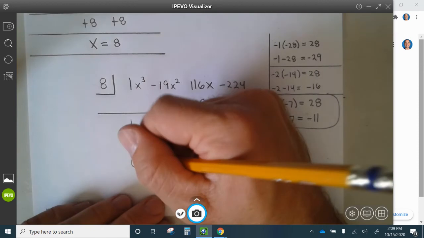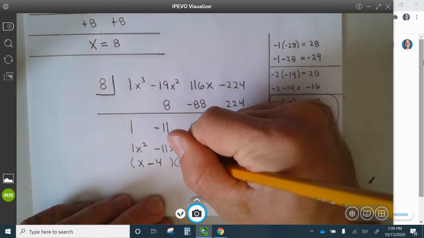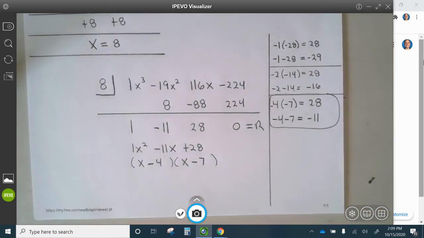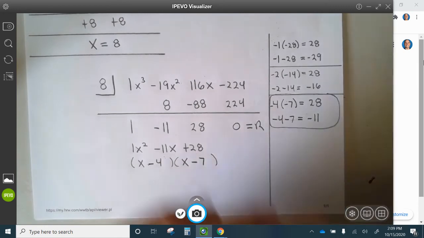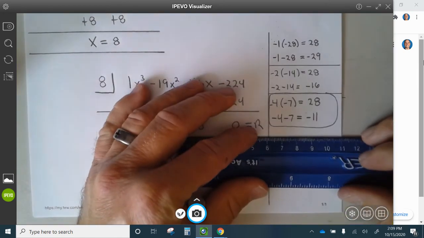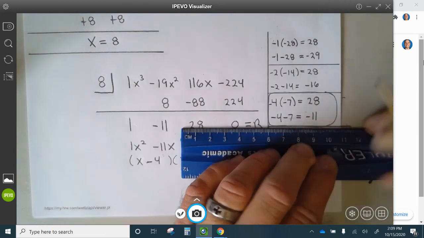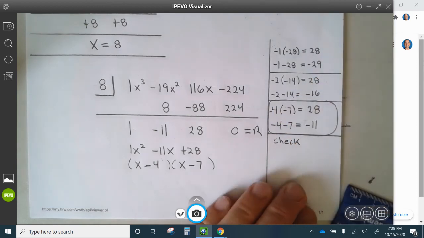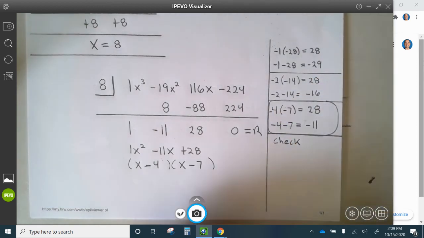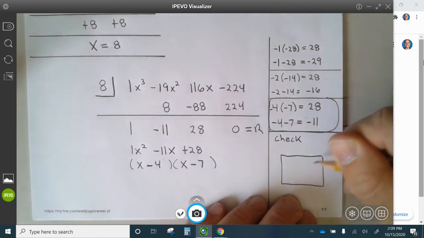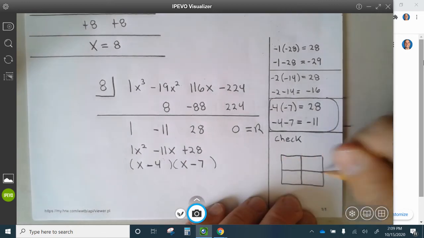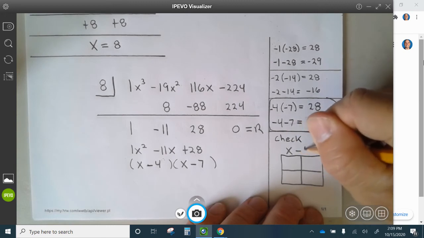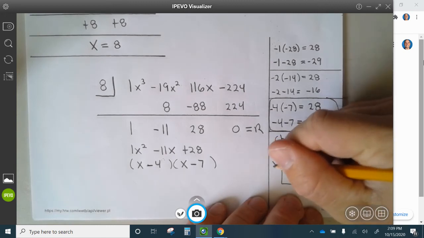So we know our factors are x minus 4, x minus 7. We can check by using the box method. It's x minus 4, x minus 7.